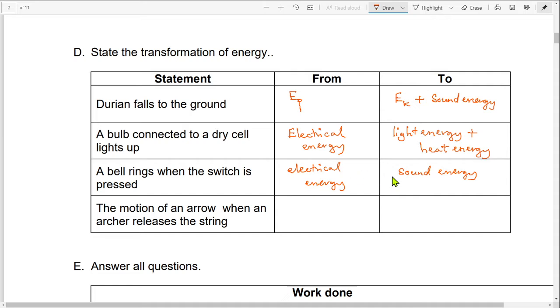But before it becomes sound energy, definitely there must be kinetic energy, because the hammer will be hitting the gong. The motion of an arrow when an archer releases the string. So when we pull the string, so we are having elastic potential energy.